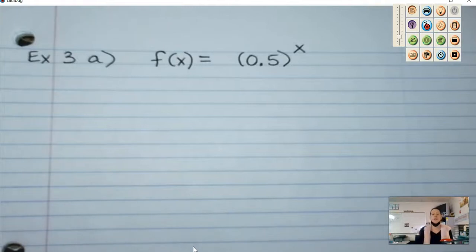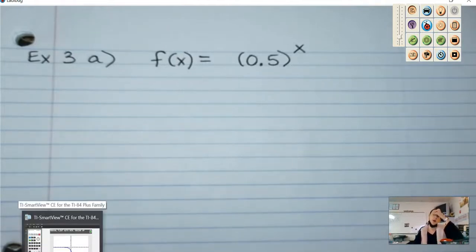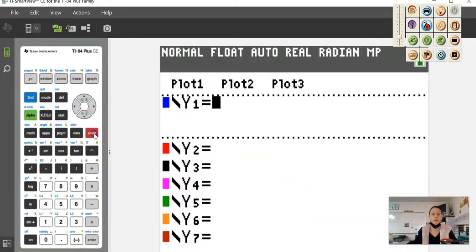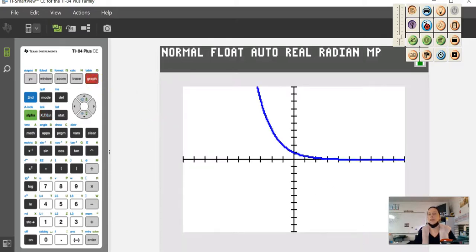Okay, first let's graph that. So y equals 1/2 to the x power. One half to the x power. It's exponential. There should be a smooth curve.